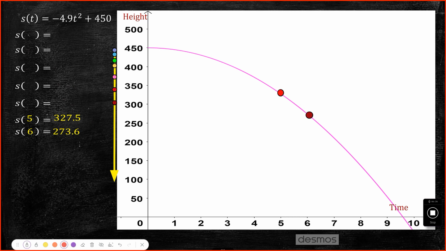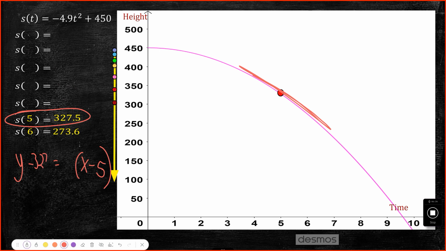So if we wanted the equation of the line, we already have y minus, equals, and then x minus. We got the point: x is time, minus 5 seconds, and then the height at 5 seconds is 327.5.